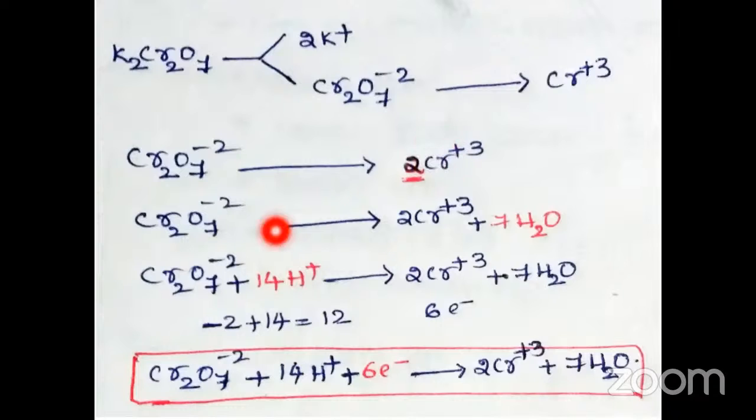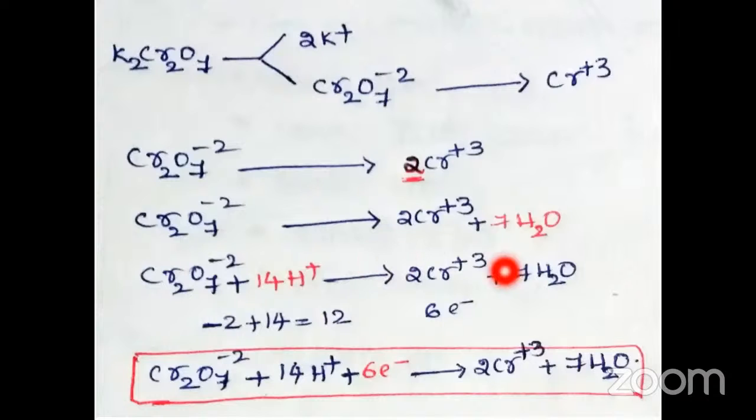Next, balance the oxygens. On the Cr2O7 2- side, 7 oxygens are there, but on this side there is no oxygen. So to balance the oxygens, water molecules are added: 7 water molecules on this side. Next, balance the hydrogens.